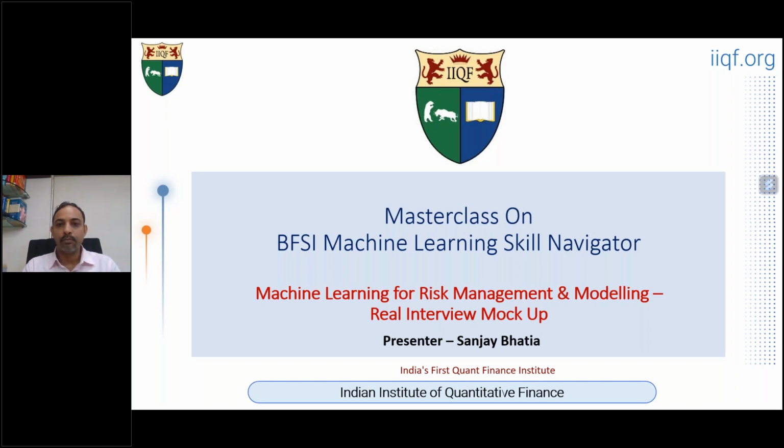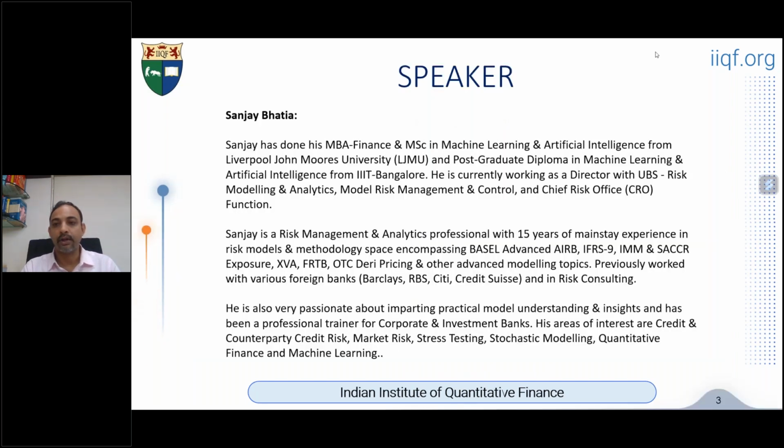And to present today's discussion session, we have with us Sanjay. And of course, who better than Sanjay to talk about this topic, as he has been working in both the risk management as well as the machine learning domain, with combined work experience in both these fields.